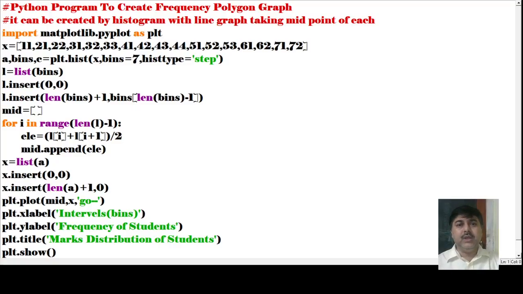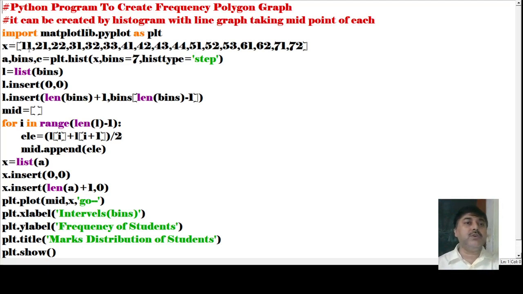Now see here, this is a frequency polygon. In this particular frequency polygon, we have imported matplotlib.pyplot as plt. Now here I have given some values.